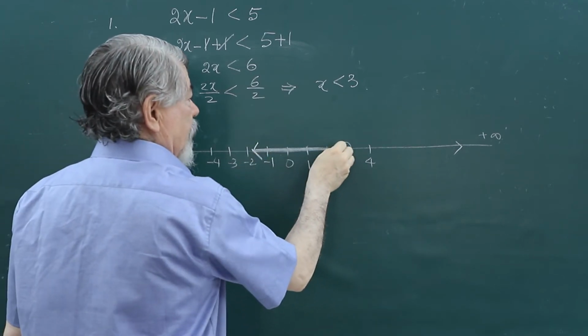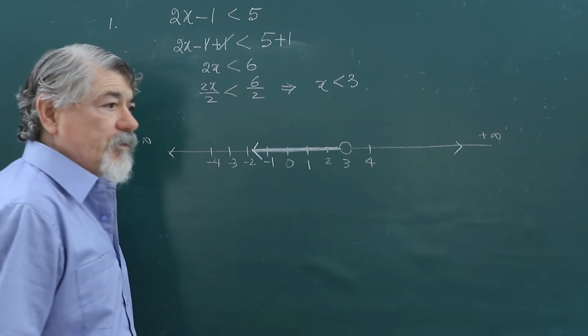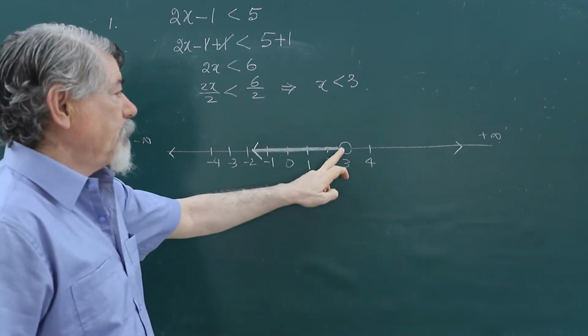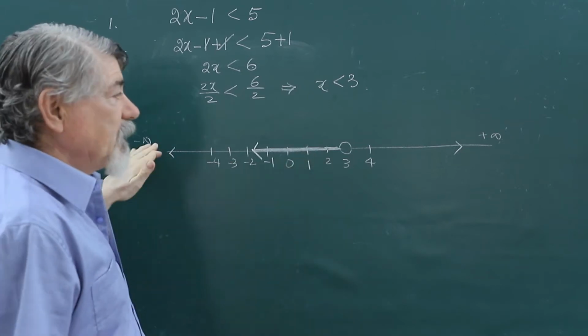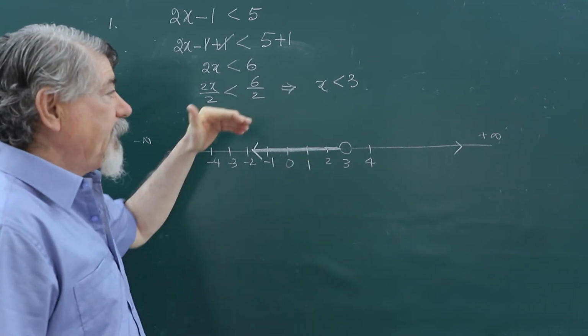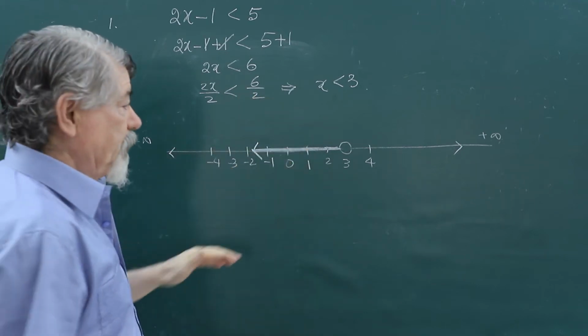Because it's the set of real numbers, all the real numbers between 3 and 2, between 2 and 1, and 1 and 0 are included. This is one way of representing it on the number line.